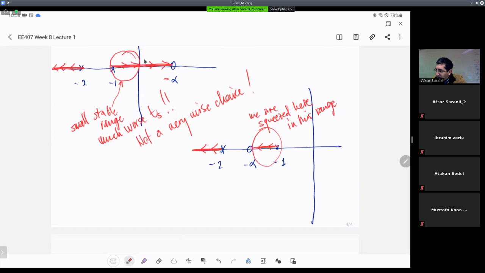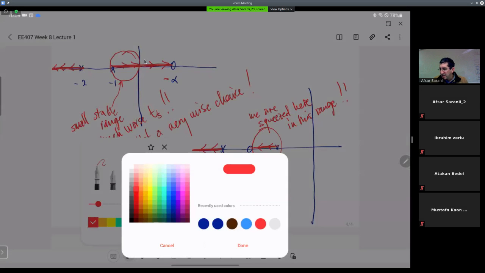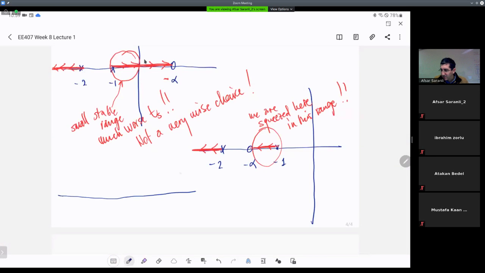That means not the best option, because your settling time will be basically limited between 3 over 1, which is 3 seconds, and 3 over 2, which is 1.5 seconds, and will be much worse because alpha will be in between. Okay, same goes with the final option, which is kind of, you can put it here.